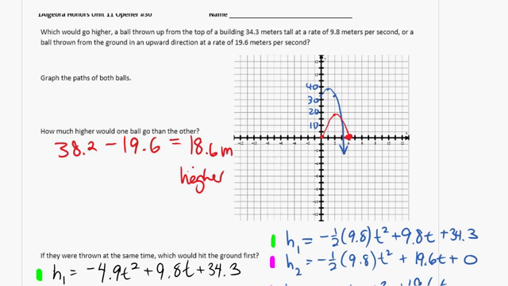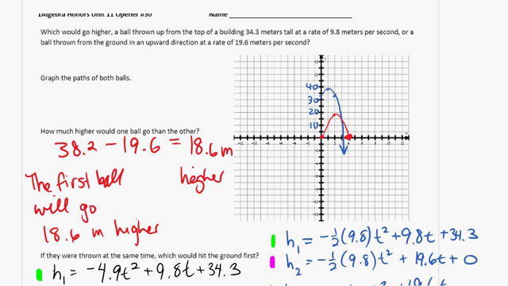So more specifically, the first ball will go 18.6 meters higher than the second ball.